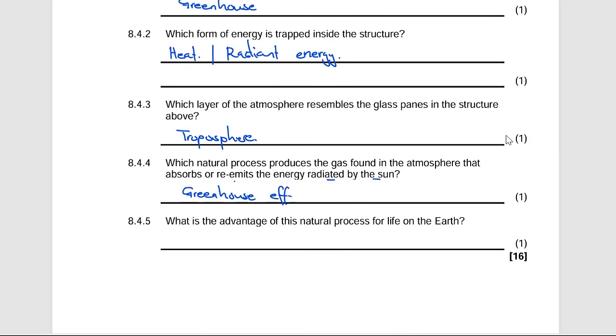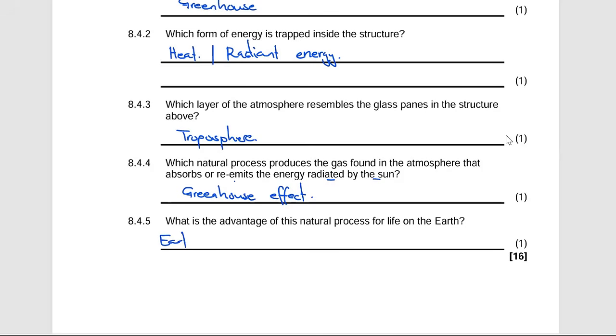So 8.4.4, greenhouse effect. Then what is the advantage of this natural process for life on Earth? It means the earth becomes warm, right?